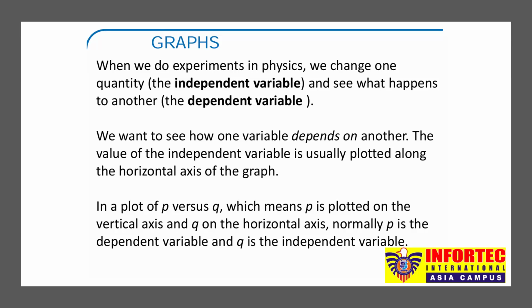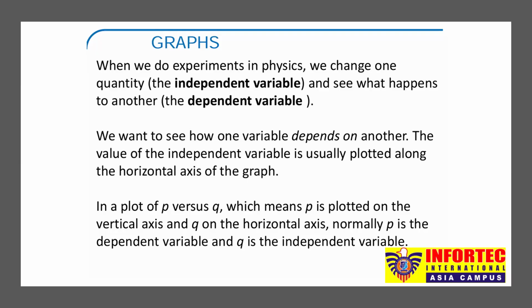When we know about the two-dimensional axes x and y, we learned in grade 11 about the graph, and we call the horizontal axis x. Normally we take the horizontal axis as x. So the independent variable is usually plotted along the horizontal axis of the graph.